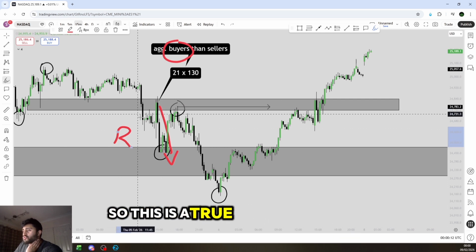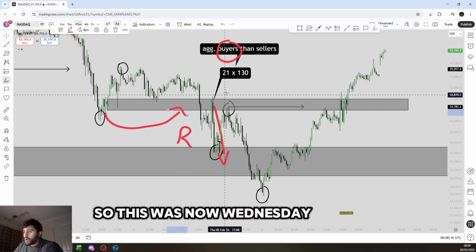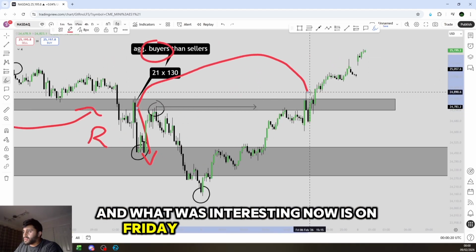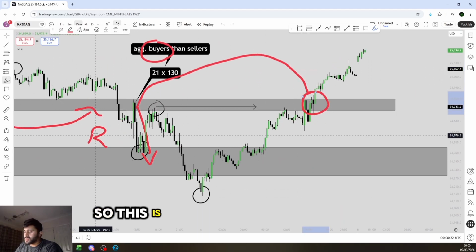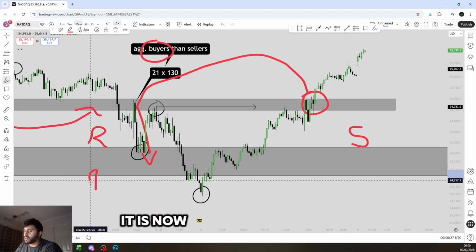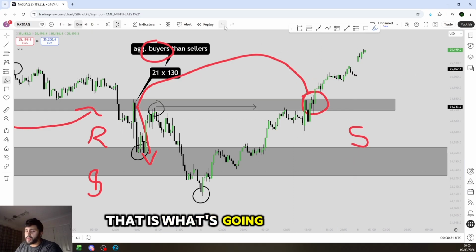So this is a true resistance in the market. This was Wednesday, holding resistance on Thursday. And what was interesting is on Friday, we flipped the resistance. So this is now resistance to support, or for those who prefer, supply to demand. That is what's going on over here.